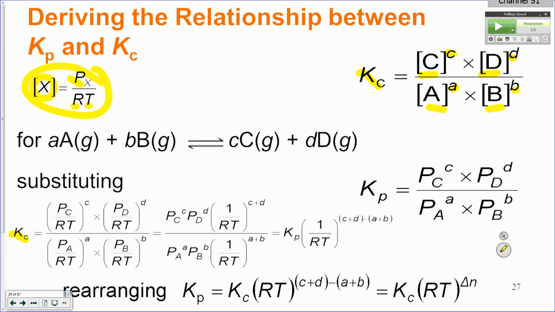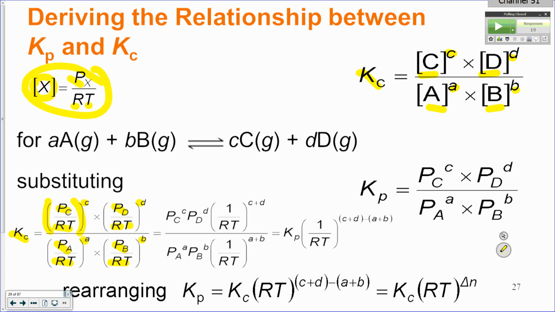So instead of concentration of C, I'm putting the partial pressure of C divided by RT raised to the c power. Same for D, partial pressure of D divided by RT to the little d power. On the bottom, the reactants, concentration of A, I'm substituting in partial pressure of A divided by RT to the a power. For B, I'm putting partial pressure of B divided by RT raised to the little b. So now look at the things that are common that I can factor out.